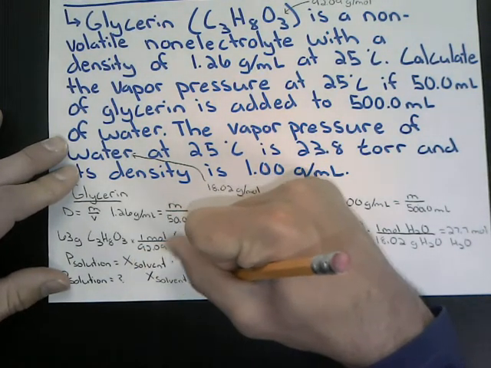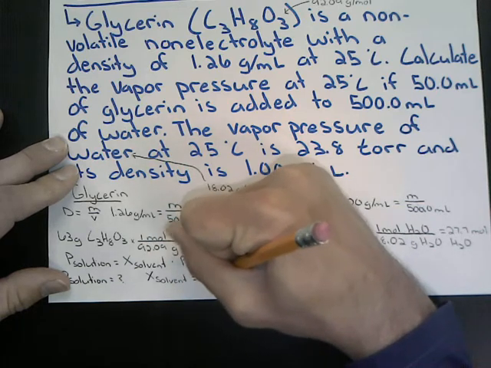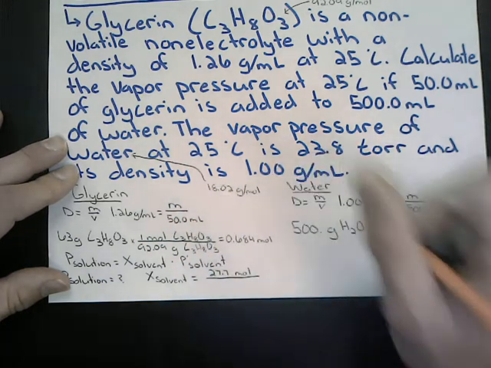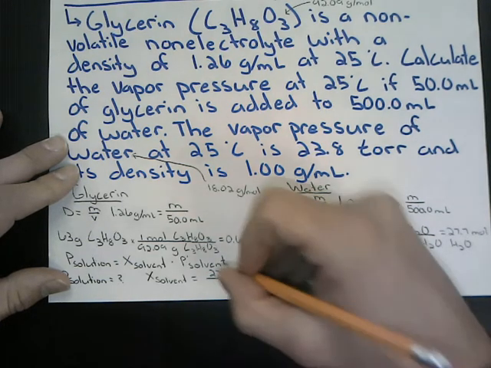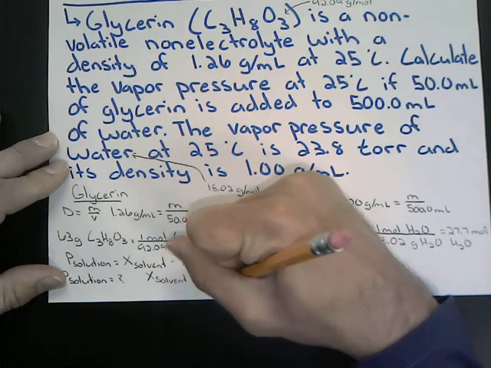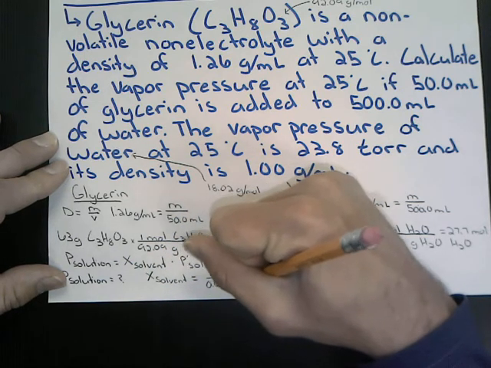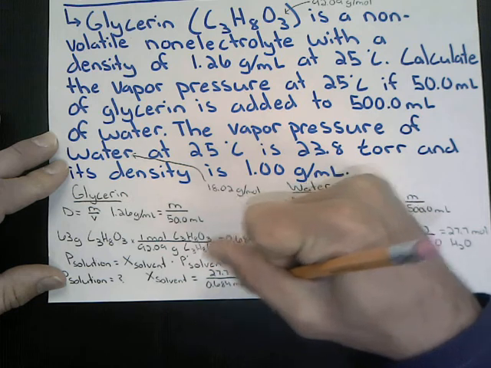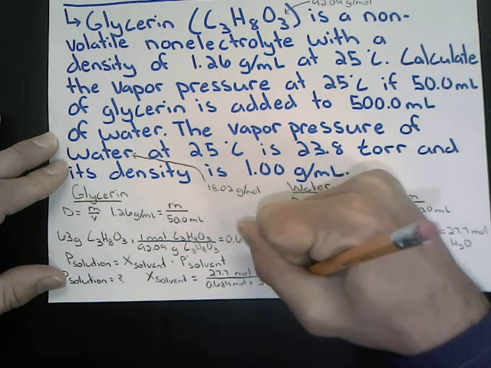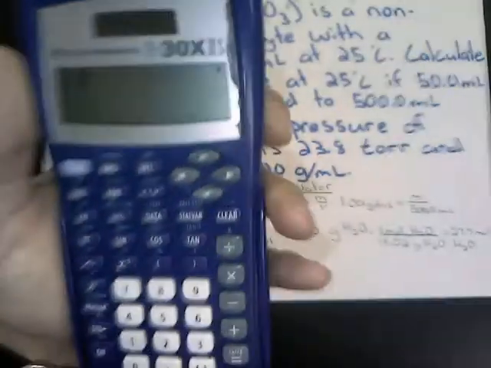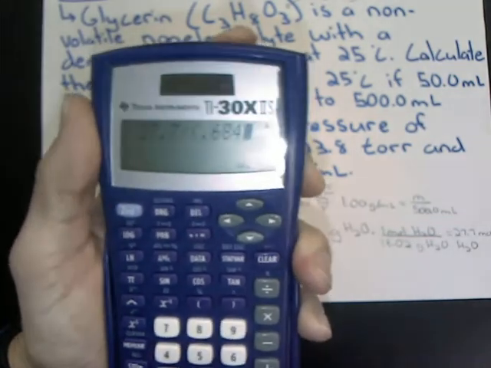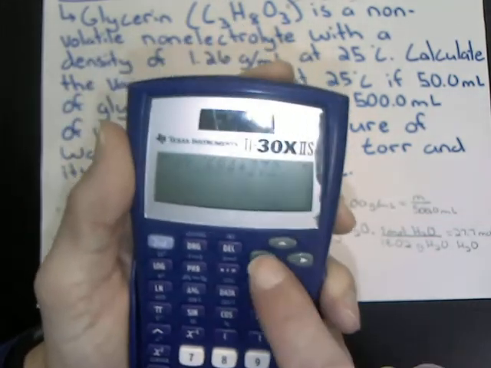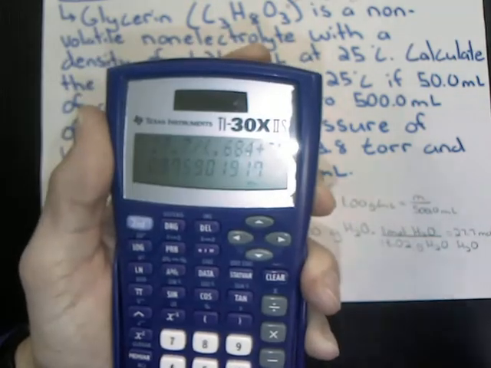So we put the number of moles of water, 27.7 moles, divided by the total moles, which is 0.684 moles plus the moles of water, 27.7 moles, so 27.7 divided by 0.684 plus 27.7, and we press enter.